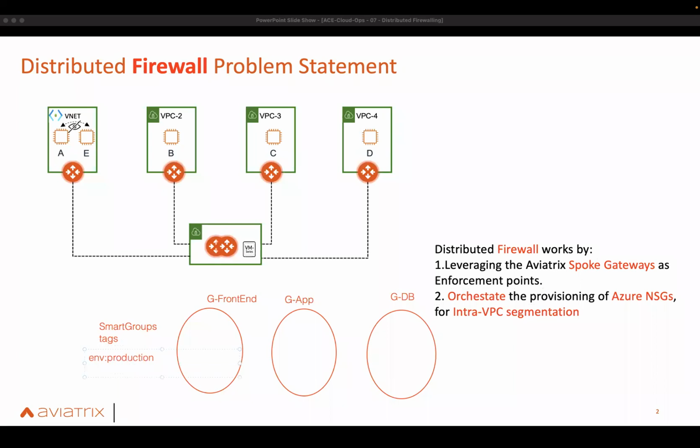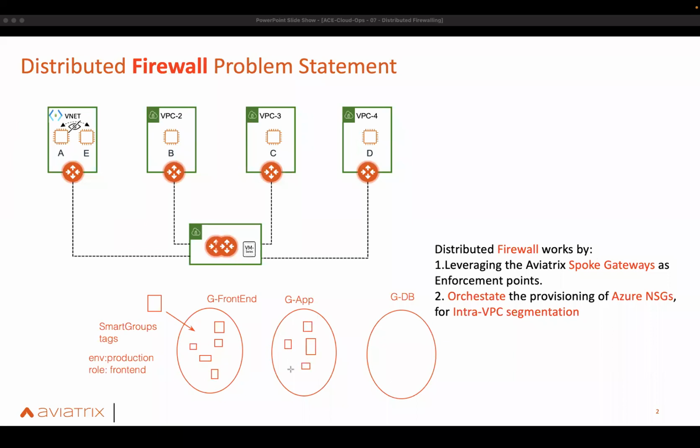Again, tags are key value pairs, as well as role is front end. I'm just giving an example. So if you have these two tags together, then you belong to the front end. What's going to happen is our platform is going to check the CSPs and see who meets the criteria. The moment we find an instance that meets the criteria, we add this instance into the relevant group. So the end result is you're going to have different instances in the different groups.